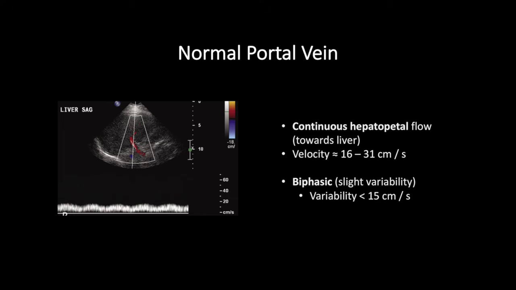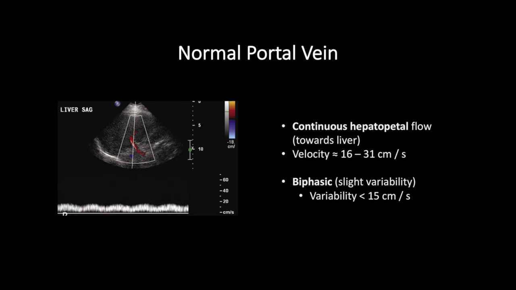And so over time, you see these undulations, okay? And those undulations or this variability that we see has to do with cardiac pulsatility and respiratory variation, respectively. So cardiac pulsatility and respiratory variation that are transmitted through the sinusoids are going to result in this variability.